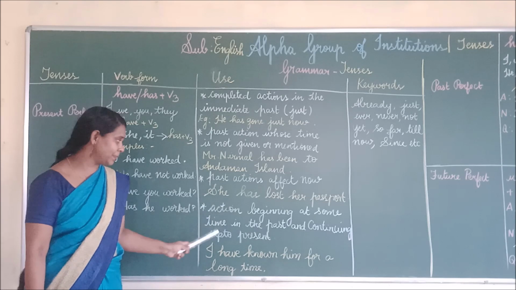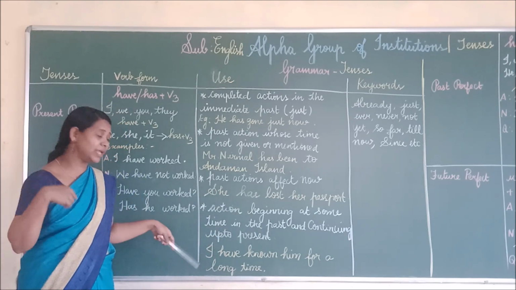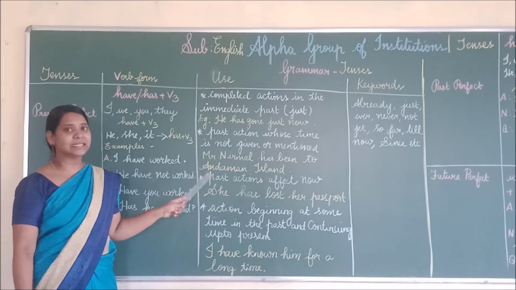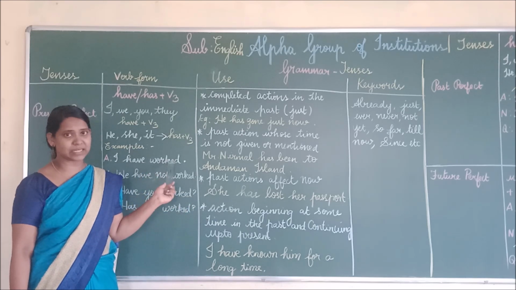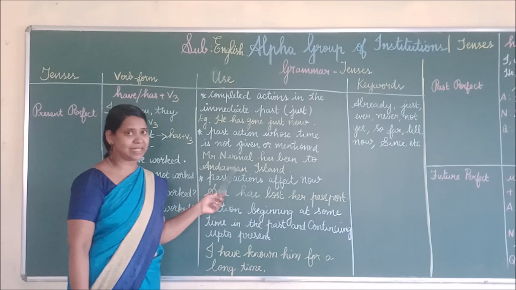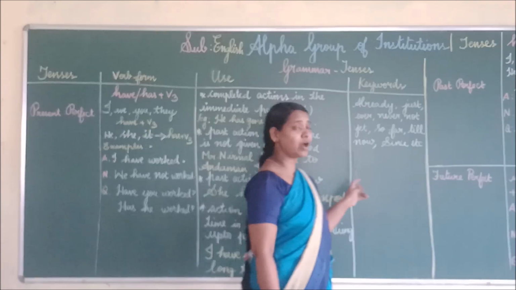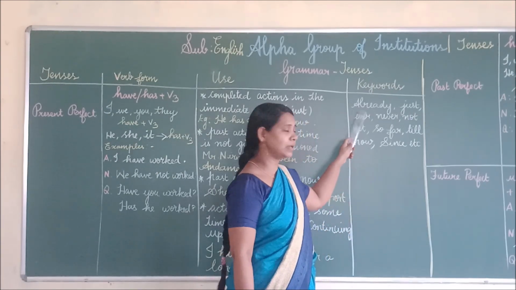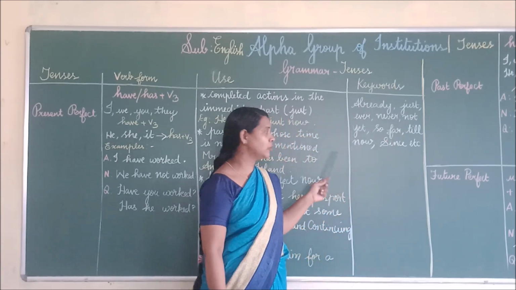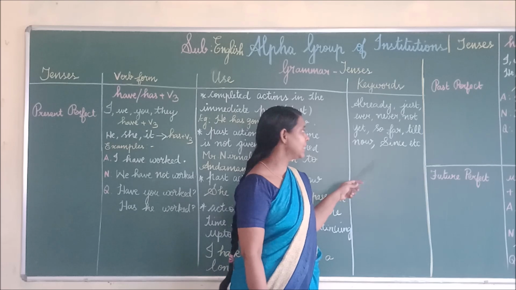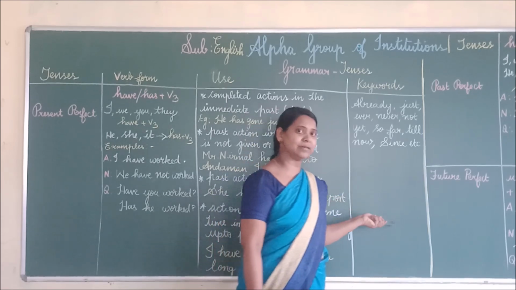Actions beginning at some time in the past and continuing up to present. These are the 4 situations we are using present perfect tense. Keywords: already, just now, just, ever, never, not yet, so far, till, now, since, etc.